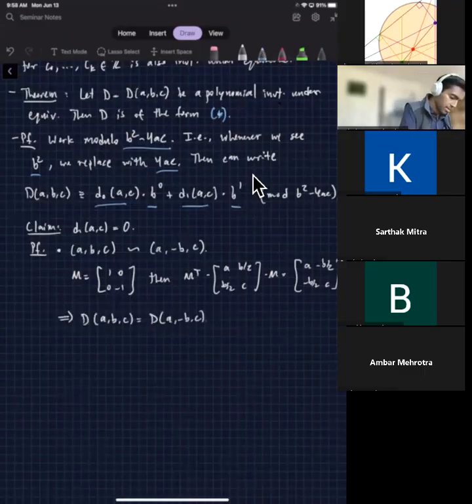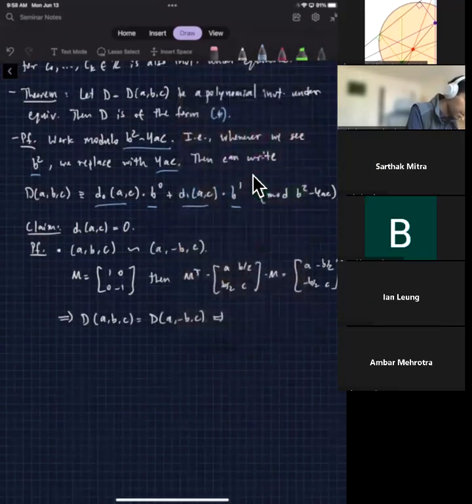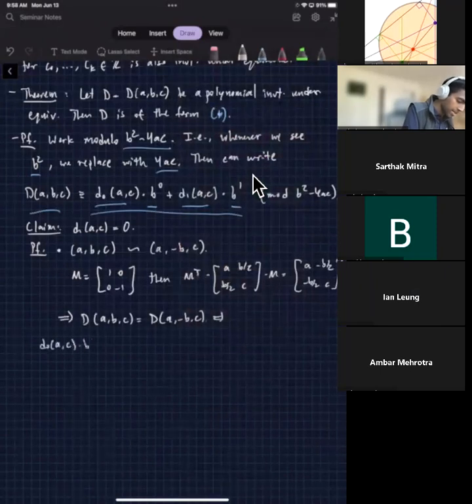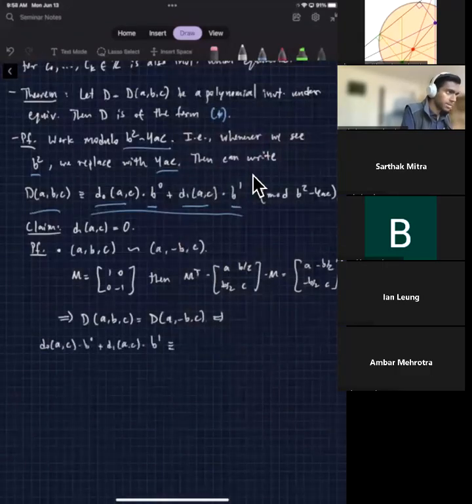Okay. So what does that imply? Well, if we use this relation here, that implies that d0(a,c) times b to the 0 plus d1(a,c) times b to the 1 is congruent to d0(a,c) times (-b) to the 0 plus d1(a,c) times (-b) to the 1.